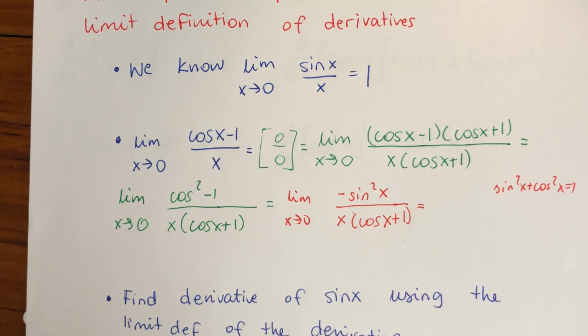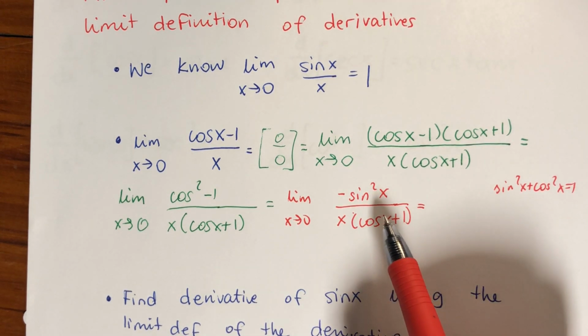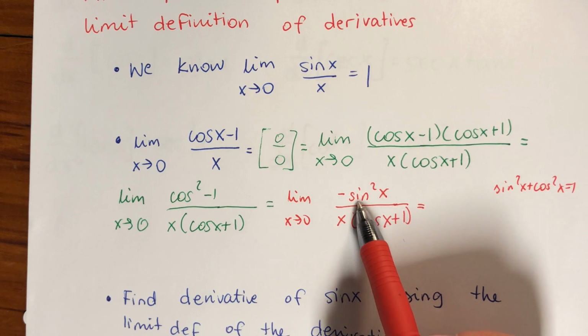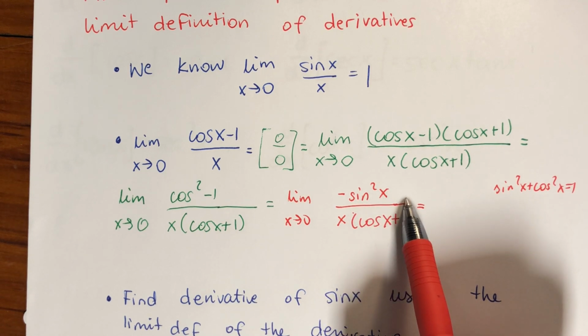And now I'm thinking what to do next. Well, what I will do next is look if I can somehow split it, because again this is still a problematic expression. Because this is sine squared, I can write this as sine times sine.